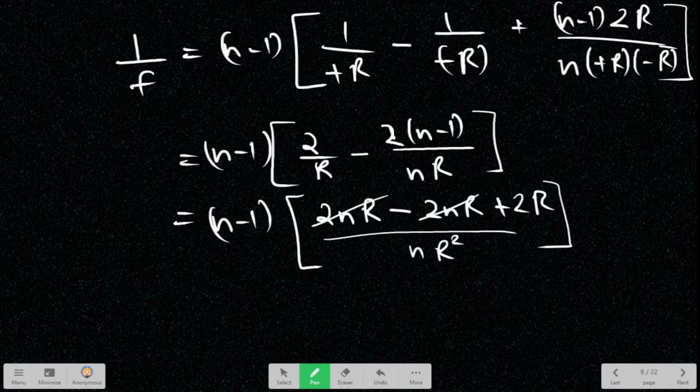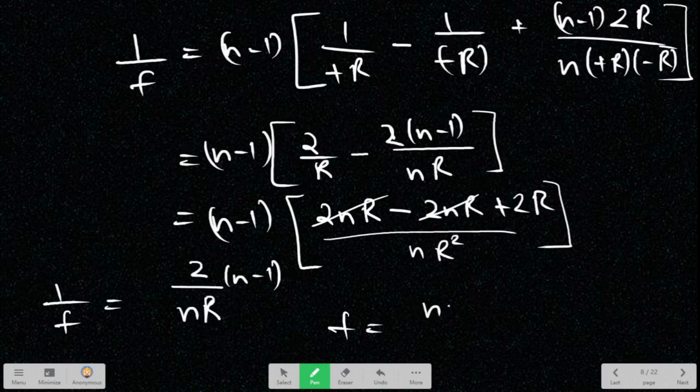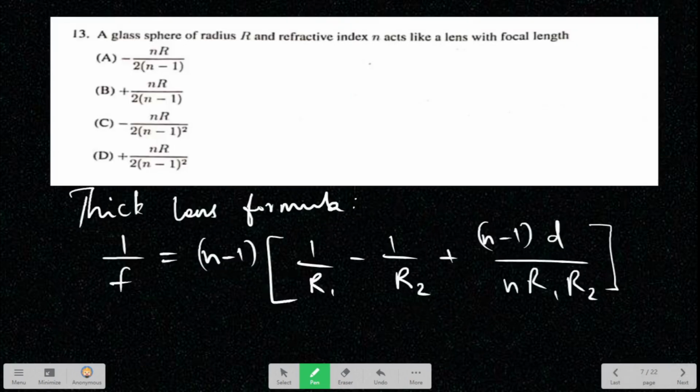This cancels. So 1 by f is equal to 2 divided by nR into (n minus 1), or f is equal to nR divided by 2 into (n minus 1). So this is the correct answer. Focal length is nR divided by 2(n minus 1). Option B is the correct one here.